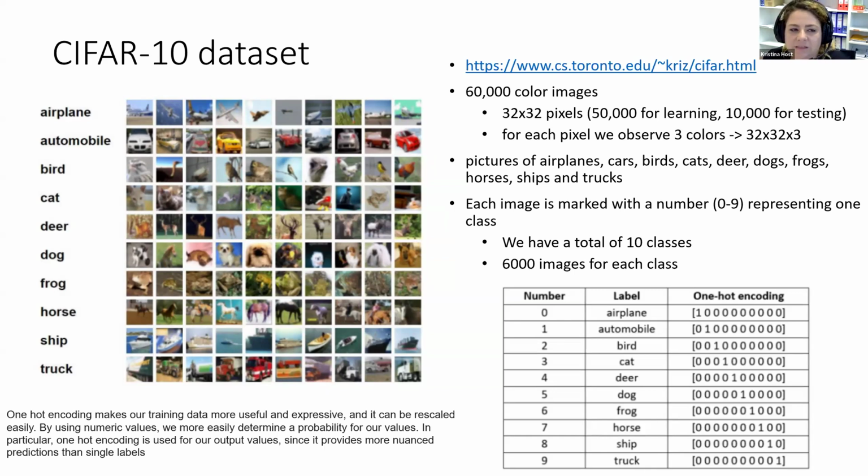When we have different categories, it's good to use this one-hot encoding. When you have a number of zeros and one, in a way, how many classes you have.